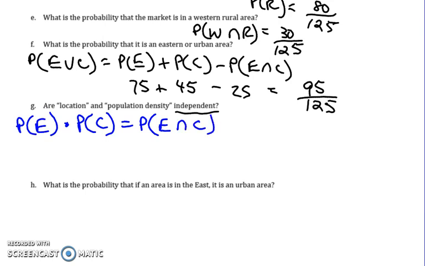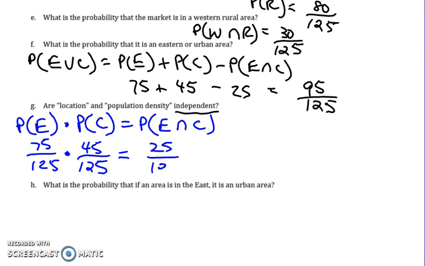So in this case, we're looking to see if 75 over 125 times 45 over 125 is equal to 25 over 125. When you do the math, you see that it is not equal. Therefore, it is not independent.